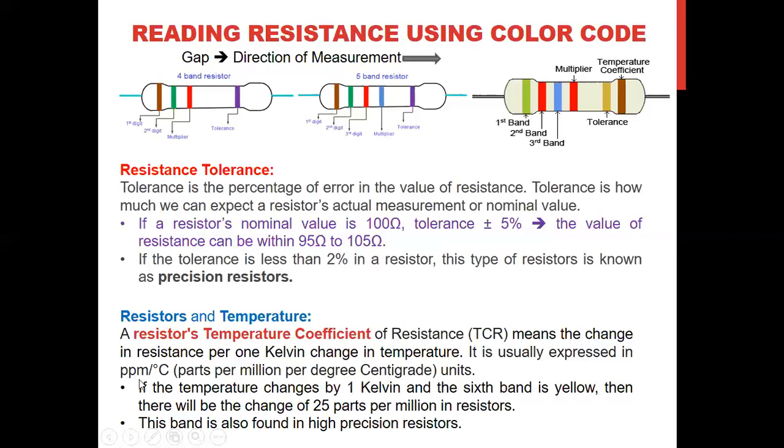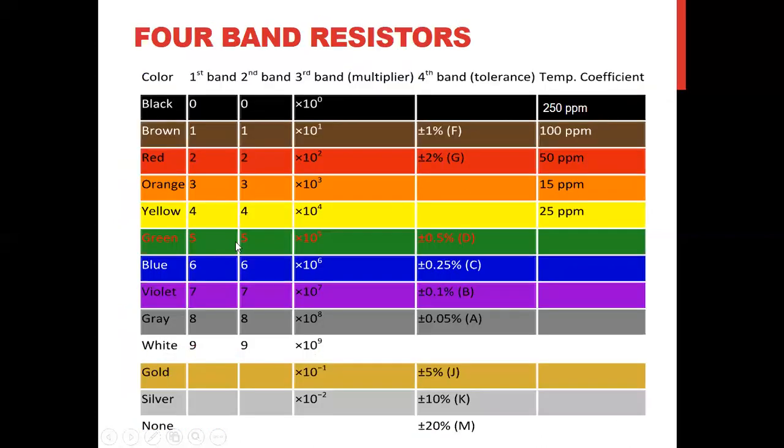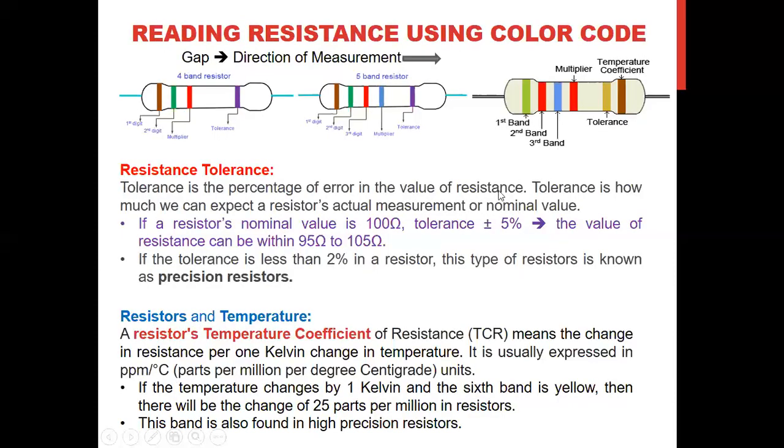This is the unit, if the temperature changes by 1 Kelvin. With a 6-band, here we can see, it is not yellow, it's brown. Brown means the value 1, so the temperature coefficient is 100 ppm, meaning a change of 100 parts per million in resistance.